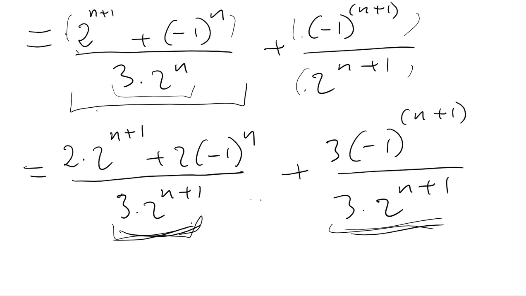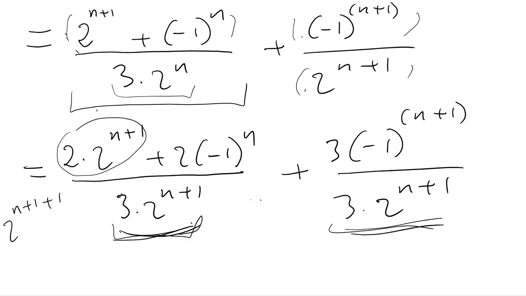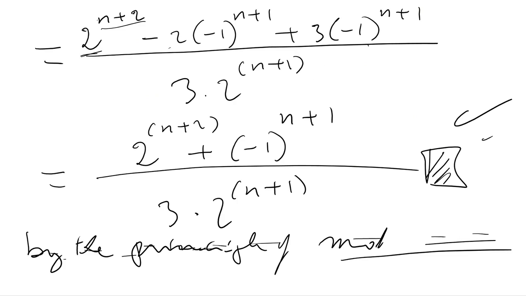So this gives you 2^(n+1+1), which is n plus 2, right? So that's why we get this. And if you check this expression and what we have here, you subtract this, it gave you this expression, and we conclude our proof. So that was another example of the principle of mathematical induction.